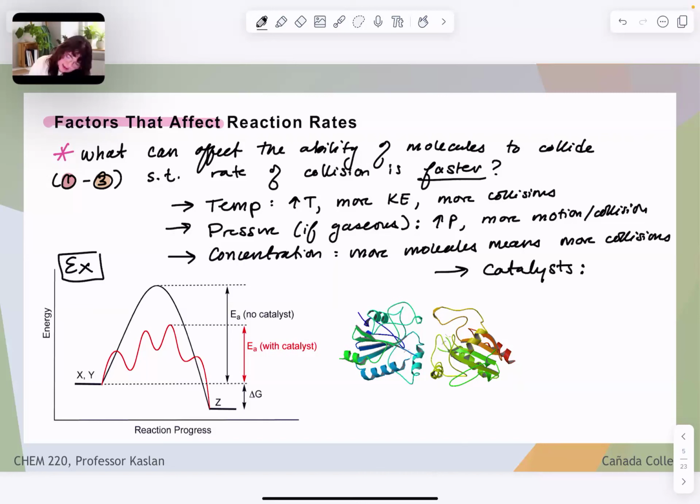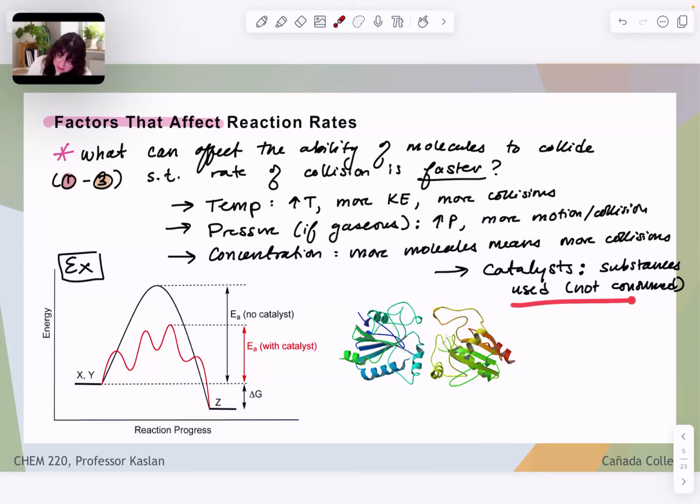So what catalysts do is very interesting. These are substances that are used but not consumed, meaning the material that makes up those catalysts is not being used to make the products, right? They're not being disassembled and their atoms used as Legos to form products. They're there as a mediator and then they go about their business. So catalysts are substances that are used but not consumed during a reaction.